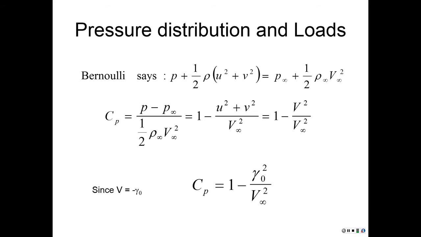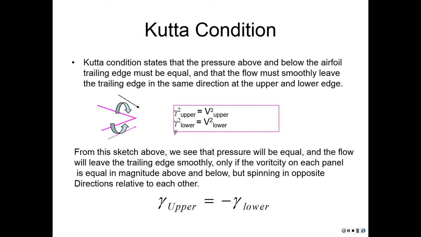Now at the trailing edge, pressure must be equal. That means the velocity squared must be equal, because Bernoulli equation says P over rho plus 1/2 of velocity squared is a constant. So if the pressure is equal, 1/2 V squared above and below must be equal. That means the gamma squared upper must be gamma squared lower.